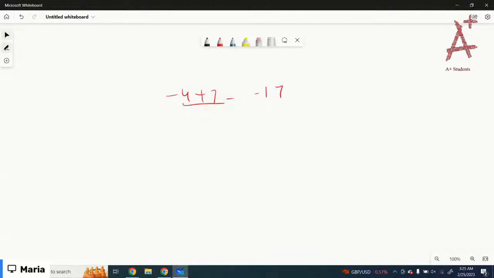So negative 4 plus 7 is 7 minus 4 is 3. 3 minus negative 17. So subtracting a negative integer is same as adding. Got it? It would be 3 plus 17. So 17 plus 3 is 20. Got it? So the correct option for this one is 20.